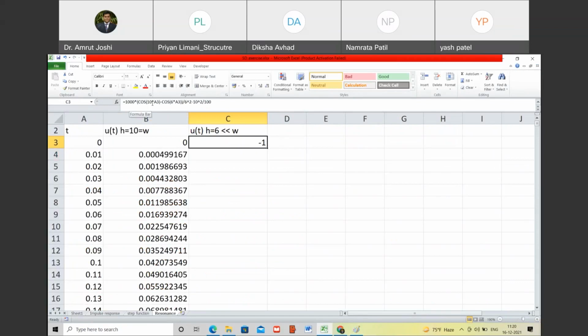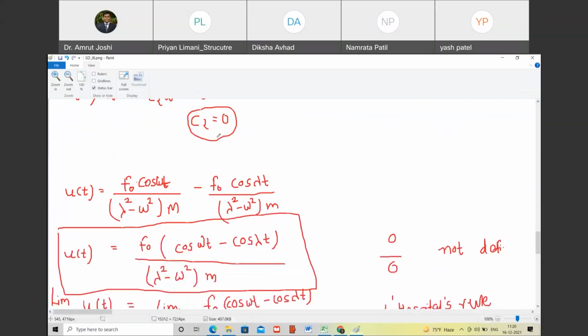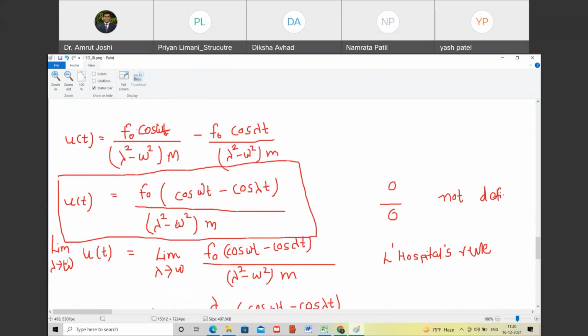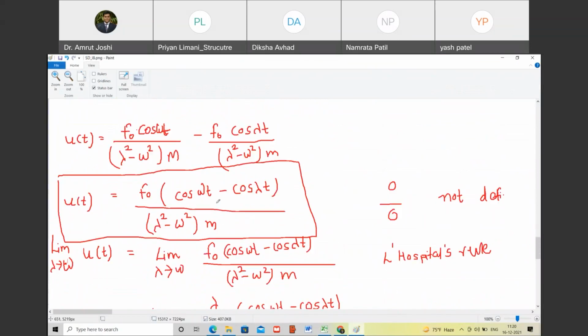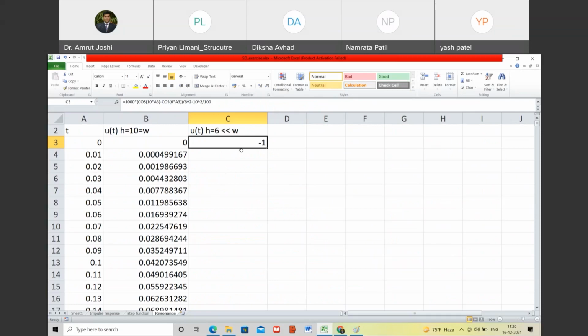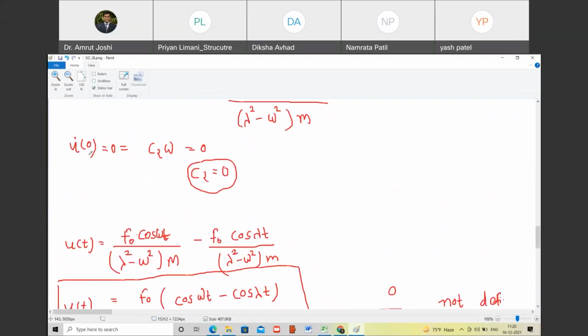1000 into cos of... is there something missing? U of t is F0 cos lambda t. No, U of t cannot be 1 at the beginning. What is the issue? Check. Have we calculated the constants correctly?